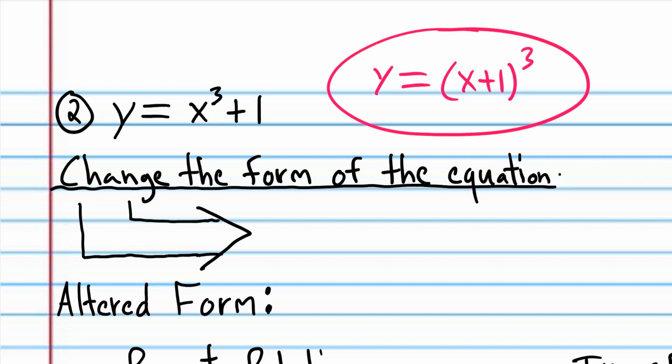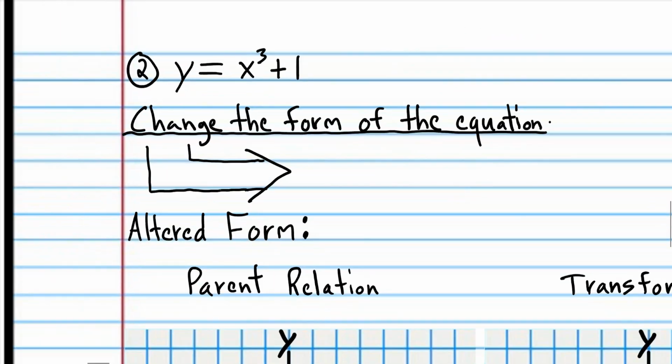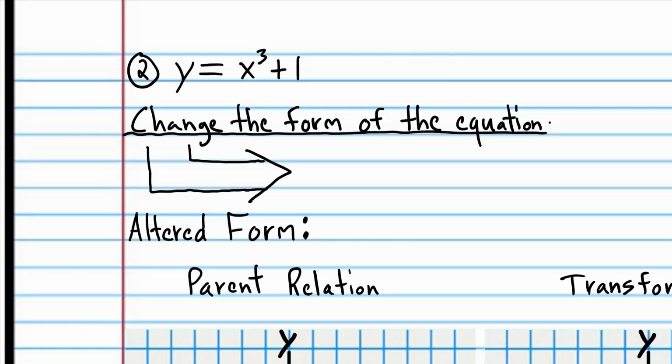This equation here tells you to move the cubic relation, the graph of the cubic relation, to the left 1 unit because we're adding 1 to x in yellow. But in this situation, we're not adding 1 to x. We're adding 1 to x cubed. It's not the same thing. So we're going to do the same thing that we did in the previous problem.